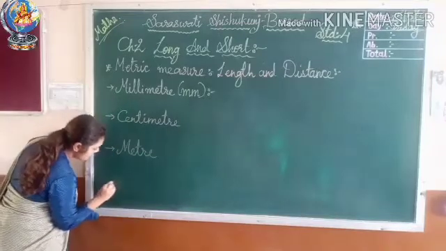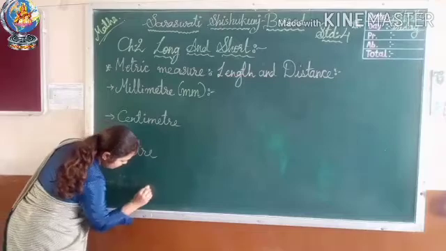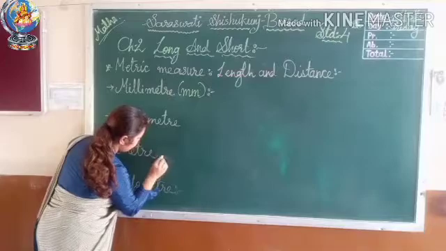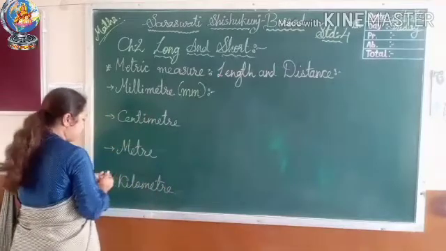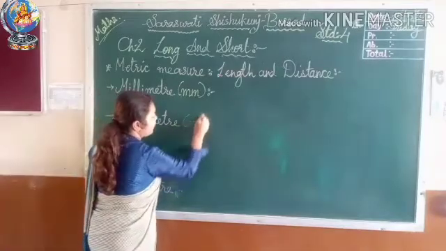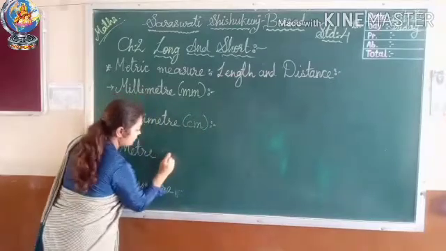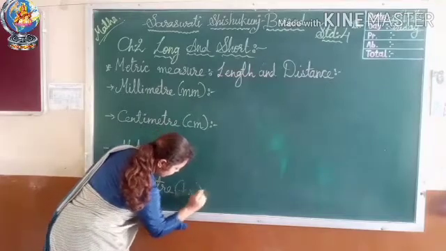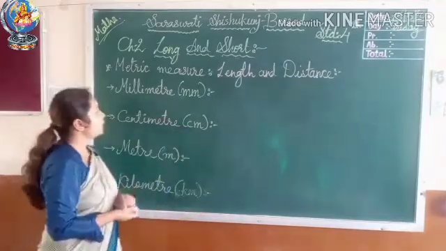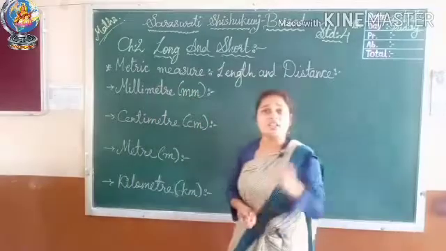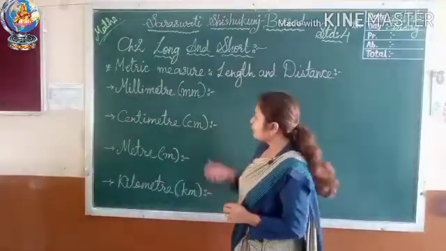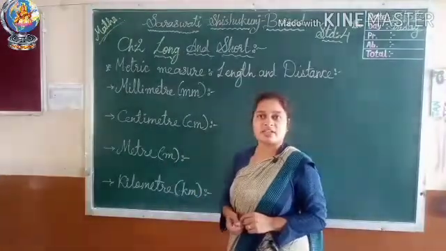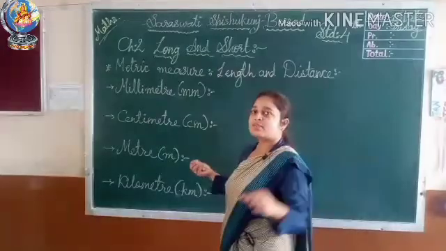And the last one is kilometer. Right? Well, these units are marked with small letters only. Other symbols are marked with capital letters, but we have to mark these with small letters.